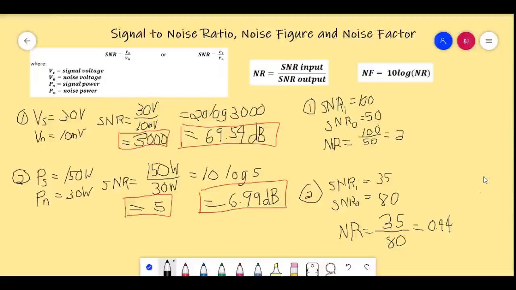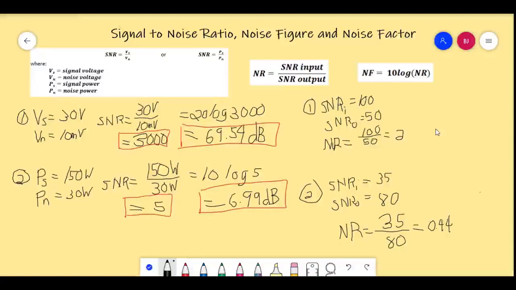So what would be the significance of the following? Well, normally the noise figure in the input over output, we want it to either remain constant or become higher. Remember that a higher signal to noise ratio means a better quality for the signal.